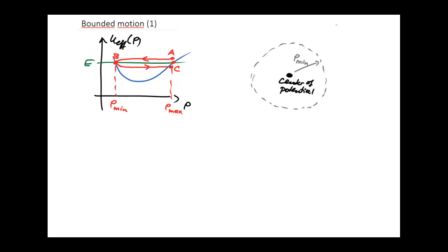And then let me indicate with a larger circle the maximal distance that the body can reach. Now let's say that the body is initially here. That's our point A, and we said the point A, the starting point, is a point at maximal distance. So it's somewhere on this outer circle.